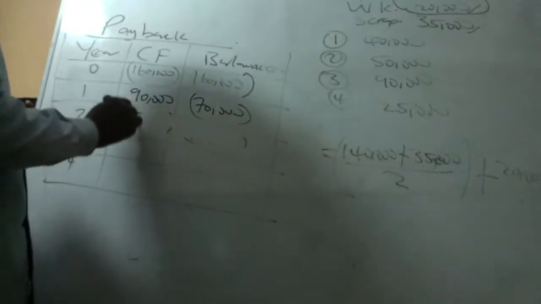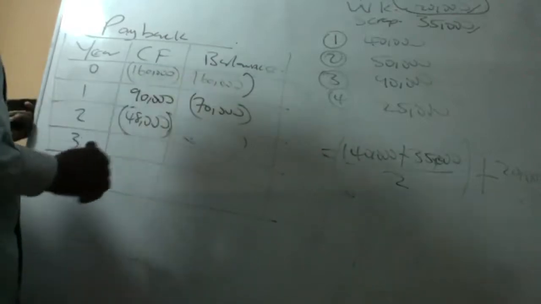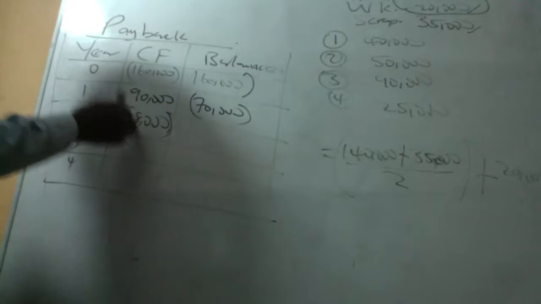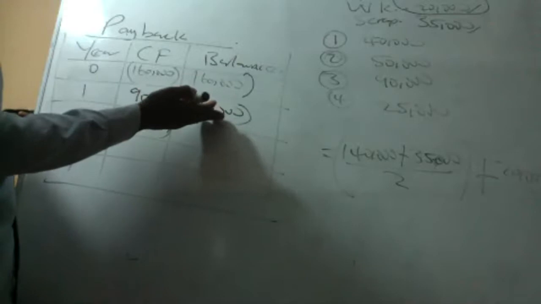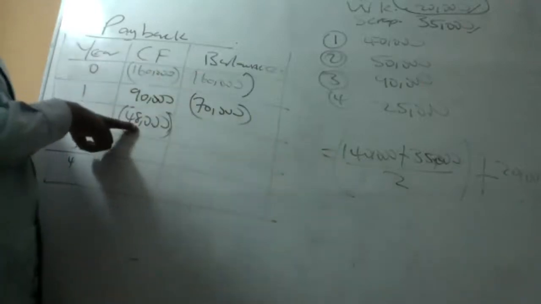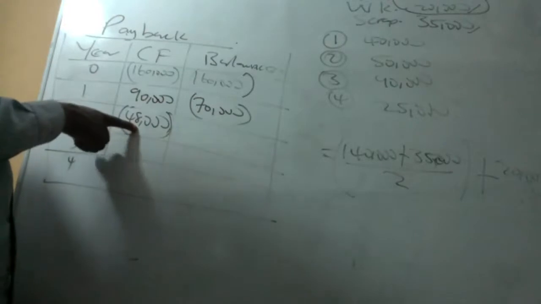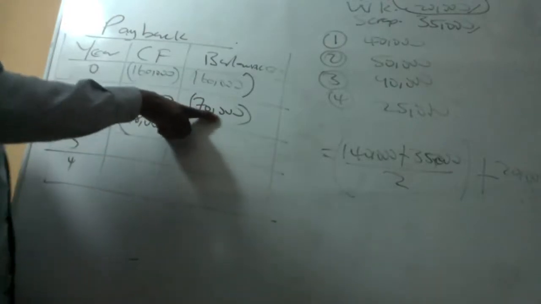So it ends up giving you negative 48,000 from the question. Originally it's negative, you are owing. Last year, the balance left is negative 70. But this year, instead of making a good balance, we made a negative net cash flow. So adding it, we increase the balance from 70 to 118.